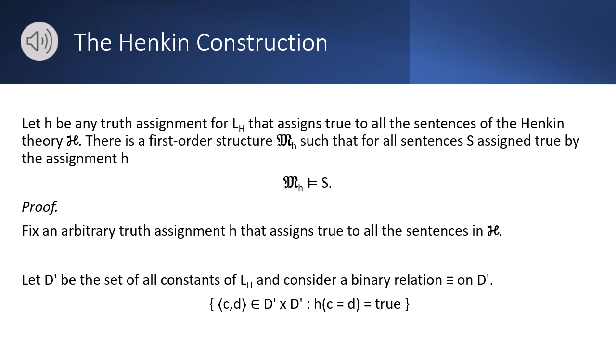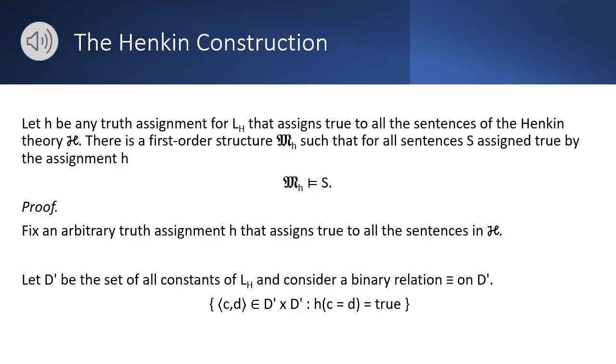Once you assign the values to the atomic sentences, you can then use the definitions of the well-formed formulas and the meaning of the quantifiers and connectives to assign truth values to all of the sentences in the first order language.